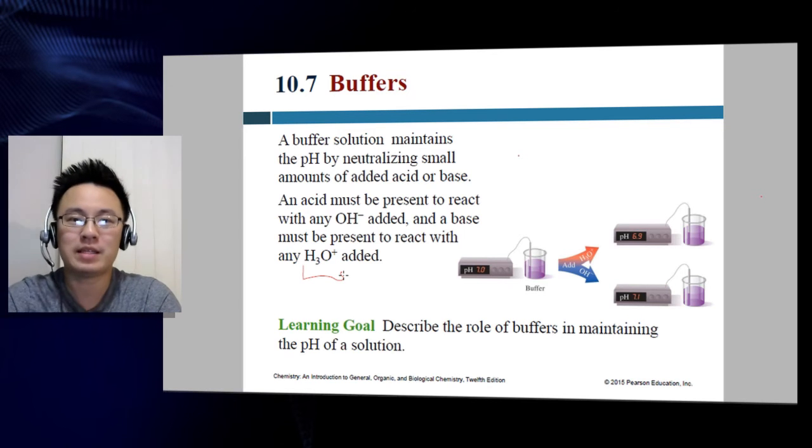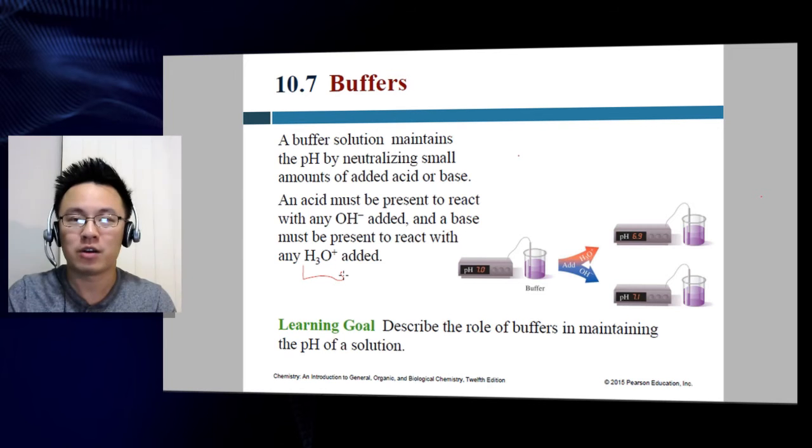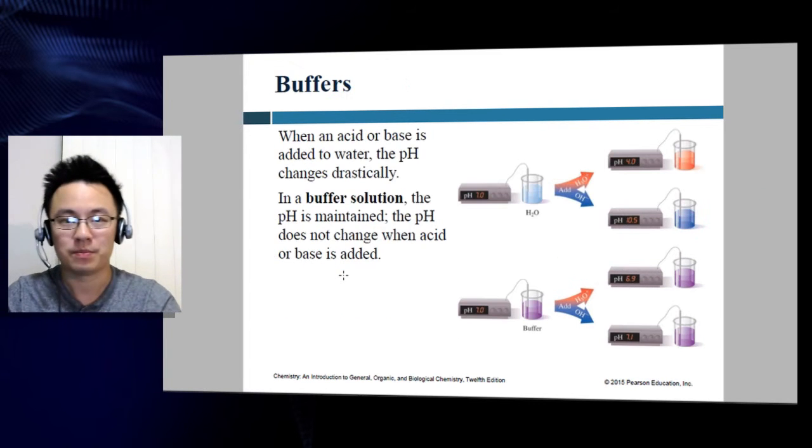One of the main things buffers do is help maintain a designated pH until they can no longer do so. Buffers have a limitation to how much they can do, until finally they're overpowered and the pH and hydrogen ion concentration of the solution change.